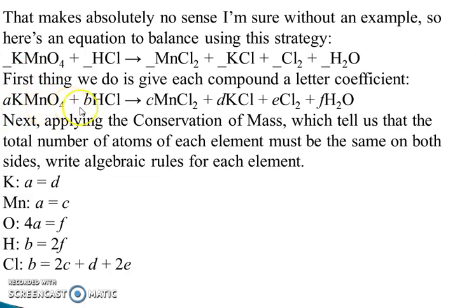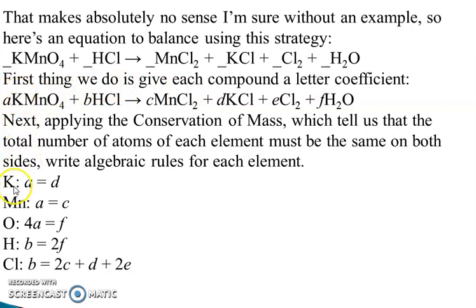Now, at the time of balancing any chemical equation, we follow the conservation of mass, meaning the mass of reactants is always equal to the mass of products. So we look at the above reaction and start with K because K is written here. We see how many times K is present and along with which coefficient.